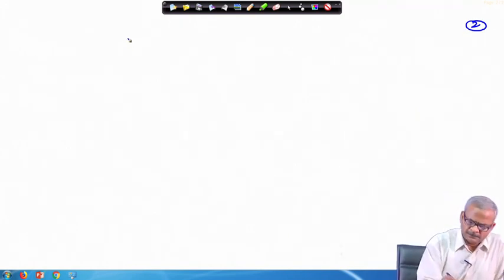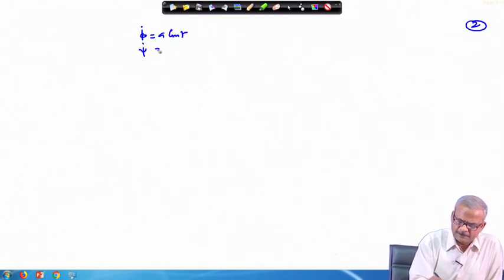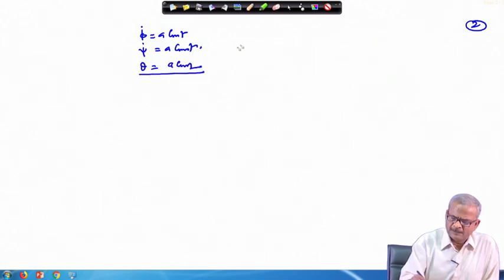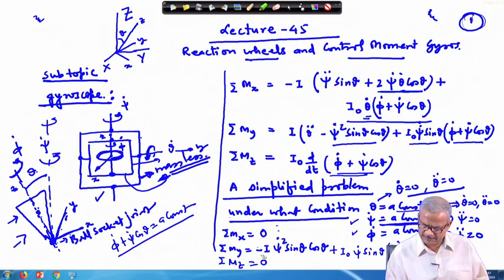So, the condition we were looking for, that phi dot equal to a constant, psi dot equal to a constant and theta equal to a constant, leads to the condition that E m x should be 0 and E m z should also be equal to 0, and what is non-zero is E m y, and that E m y is written here in this place.